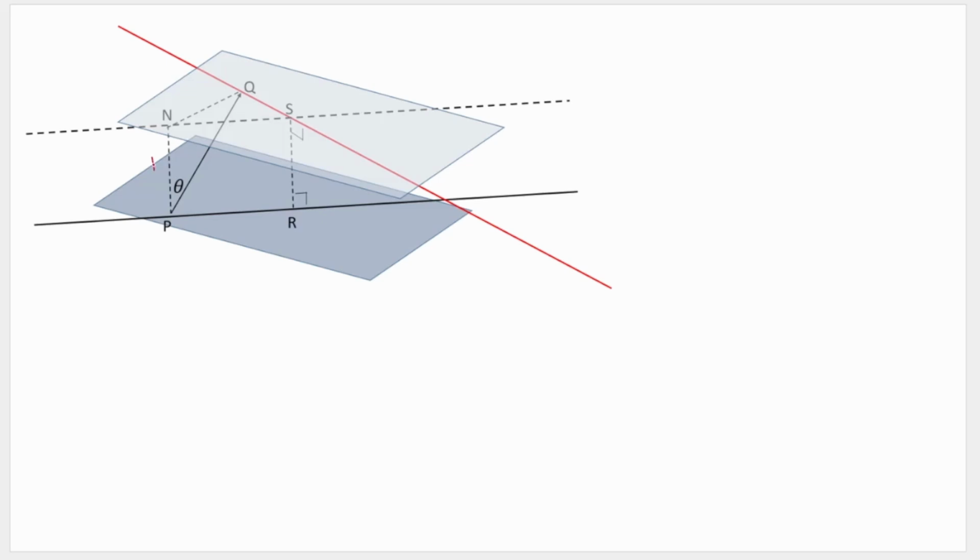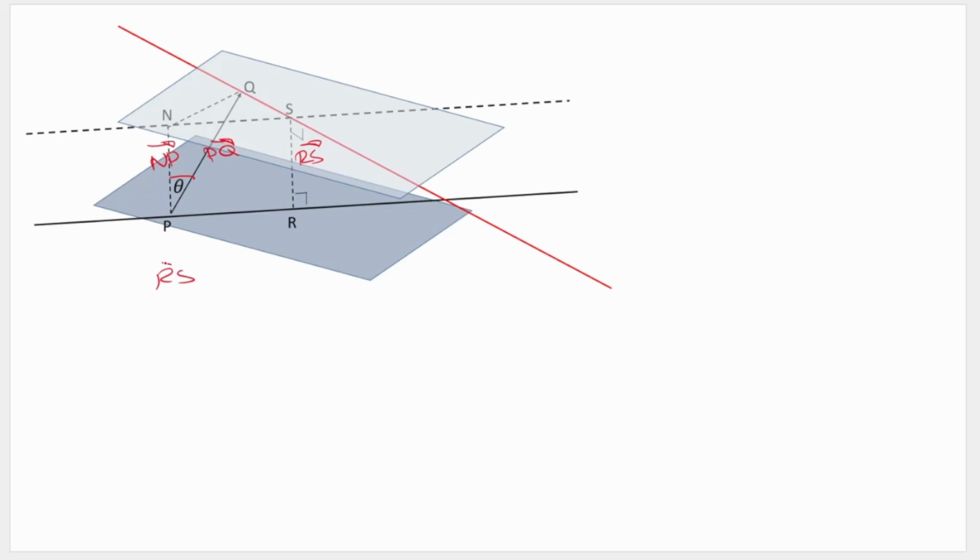I'm going to label our vector NP. And here's our angle theta, which is the angle between our vector PQ and vector NP. And remember, NP is parallel to RS. So if we can find the modulus of NP, therefore we can find the modulus of RS, which is our distance.